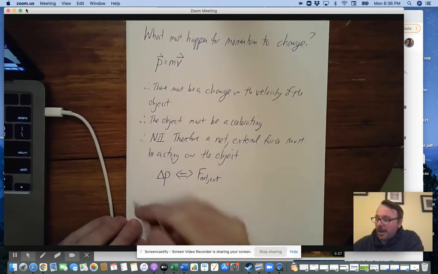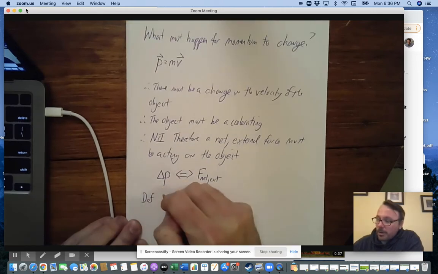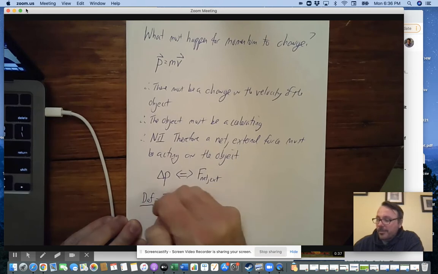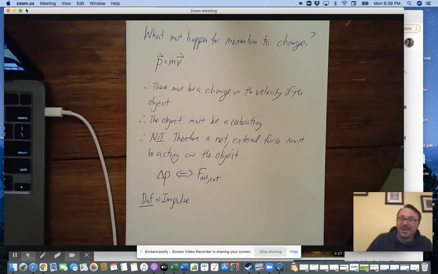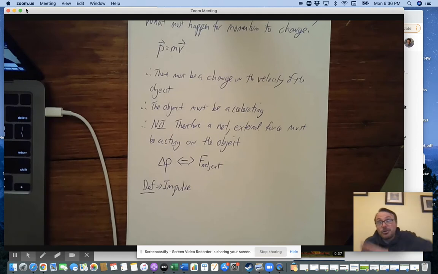There we go. So I want to define another new thing, and then we'll connect all this. I'm going to define a word that we're going to call impulse. Now, impulse is a really simple concept that people have a tremendous difficulty with, okay? Because it doesn't seem like we need the word. And we kind of don't, to tell you the truth, because when I define what it is, we can see there's an easy enough way to talk about it.